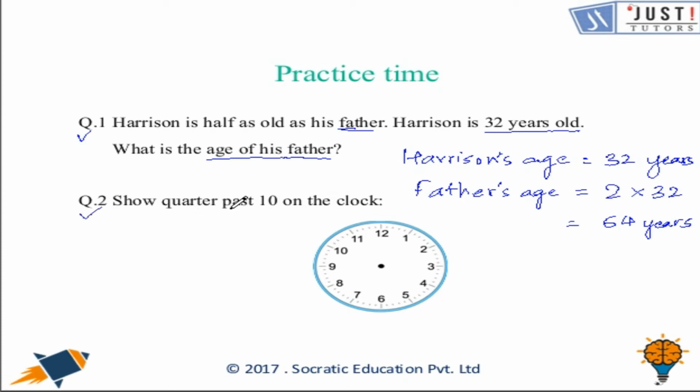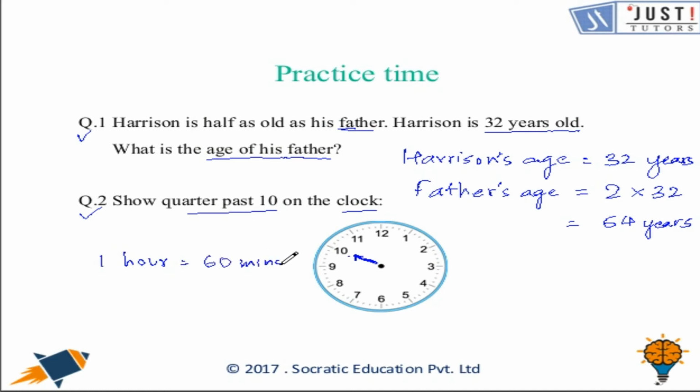Now have a look at question number 2. We have to show quarter past 10 on the clock. Now 10 is here. So this is the little hour hand on the clock, and quarter past 10 means 1 hour has 60 minutes.